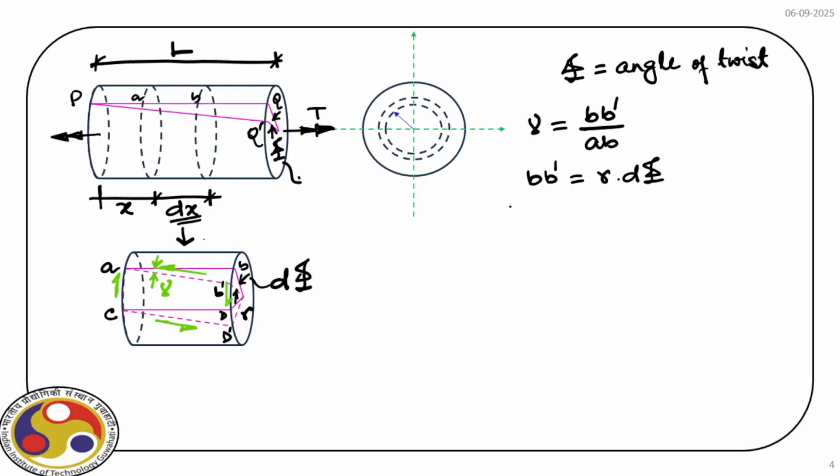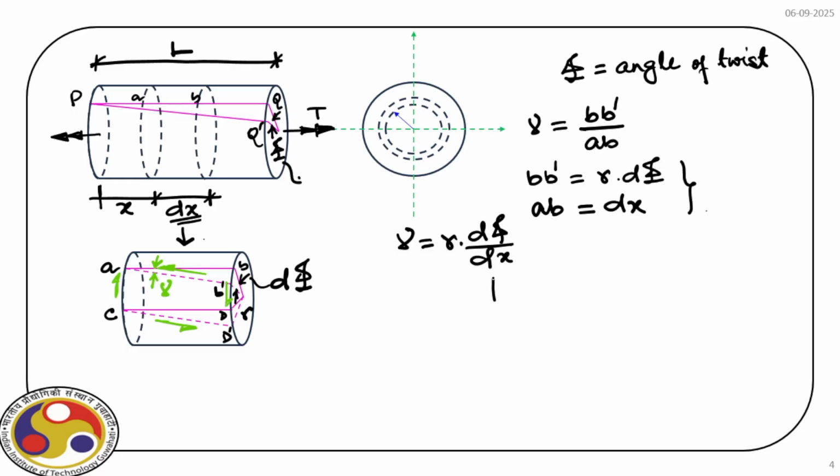The original length AB before deformation is dx. Using these two, we can quantify gamma, which is nothing but r times d phi by dx.